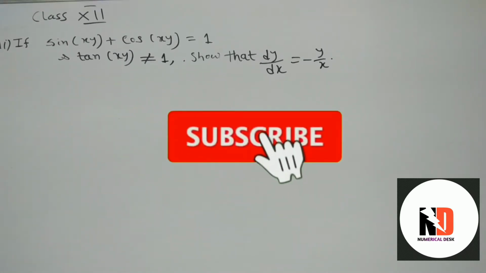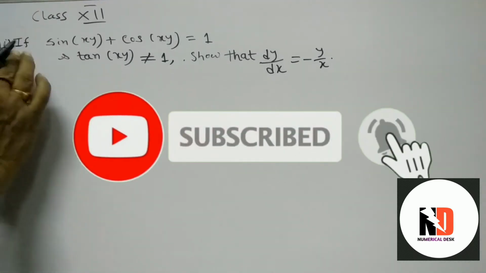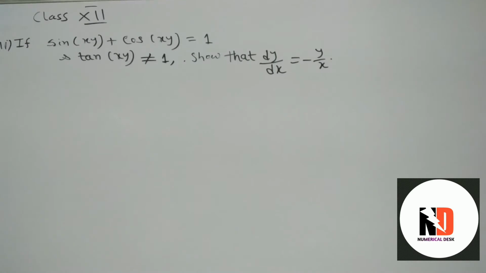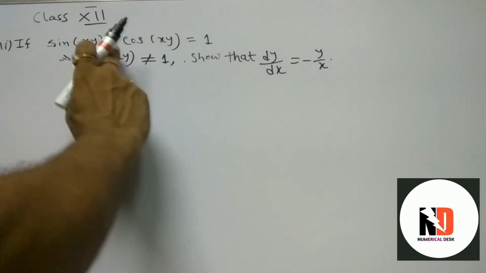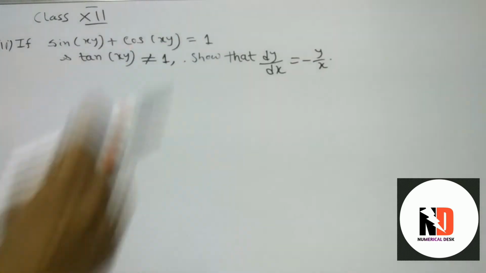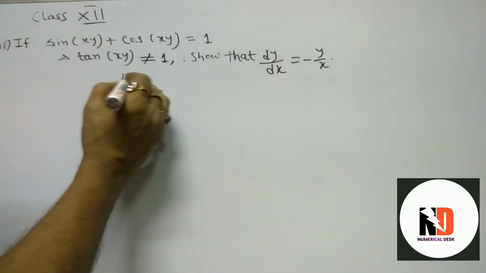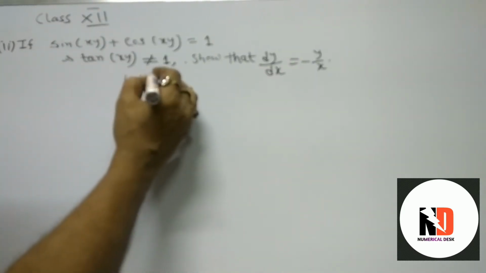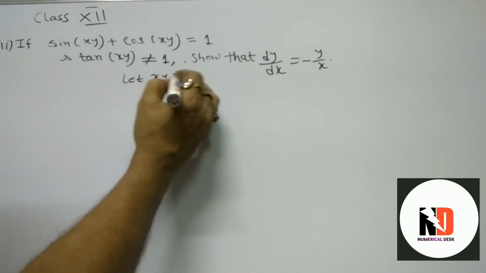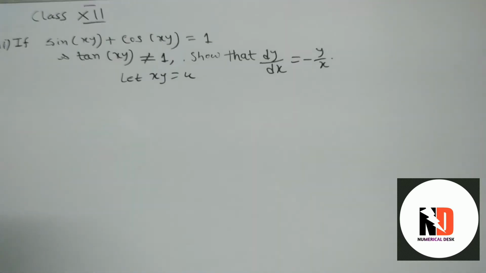Now see, sin xy plus cos xy equals 1, and it is given that tan xy is not equal to 1. We have to prove that dy by dx equals minus y by x. If you practice this sum, then any type of sum I think will be very easy for you to work out.